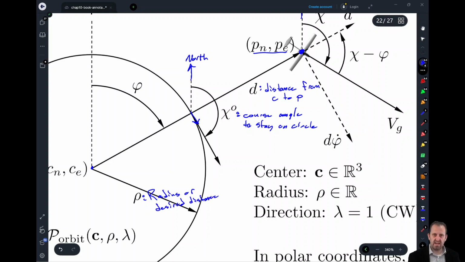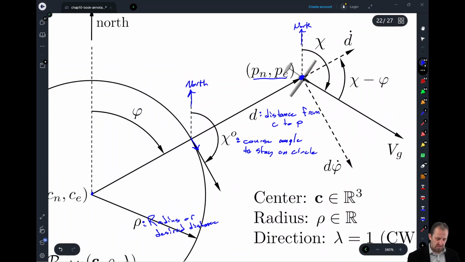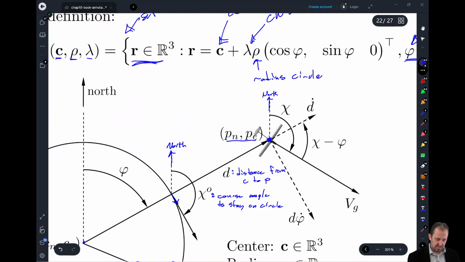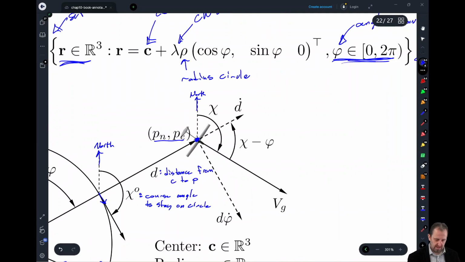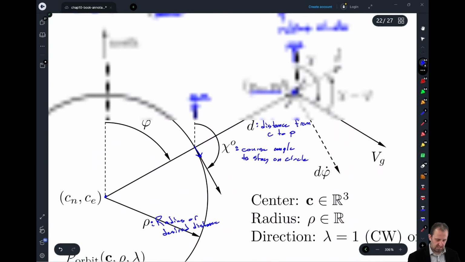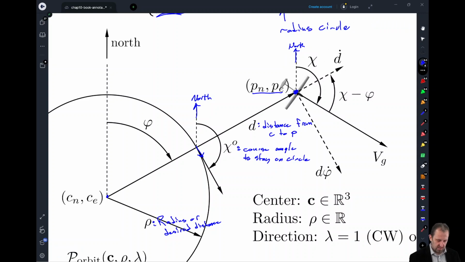So we have that desired distance defined. We have our actual distance. And while in the set notation we just let phi go from 0 to 2 pi, we're going to kind of abuse notation a little bit. We're going to let phi be the angle from north to the vector d.